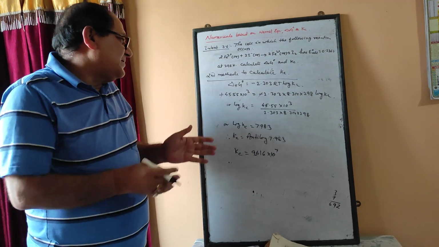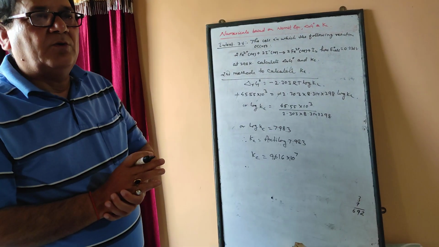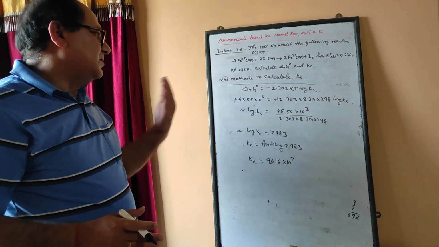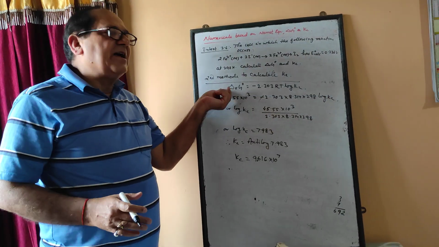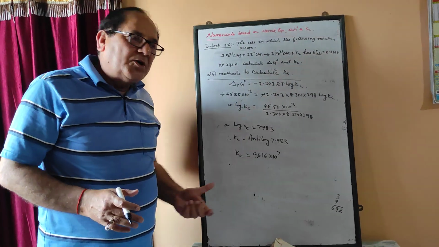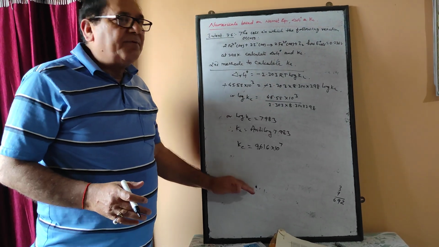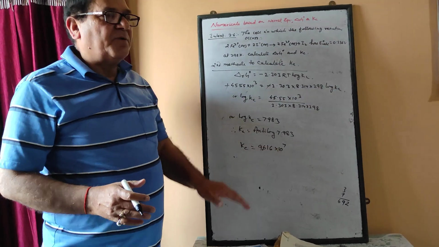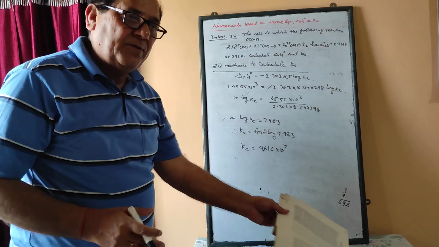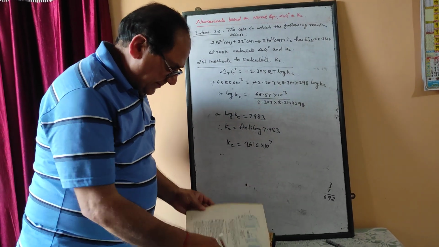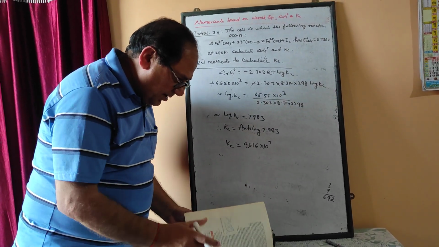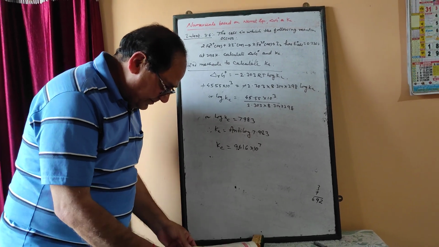What is the difference between these two values? Although in normal side books this formula has been taken, according to my opinion, you have to use the previous formula which I have used. Okay. Now, come to the next problem.